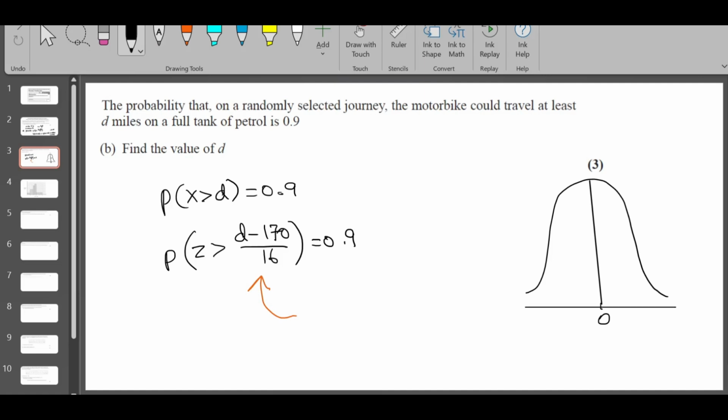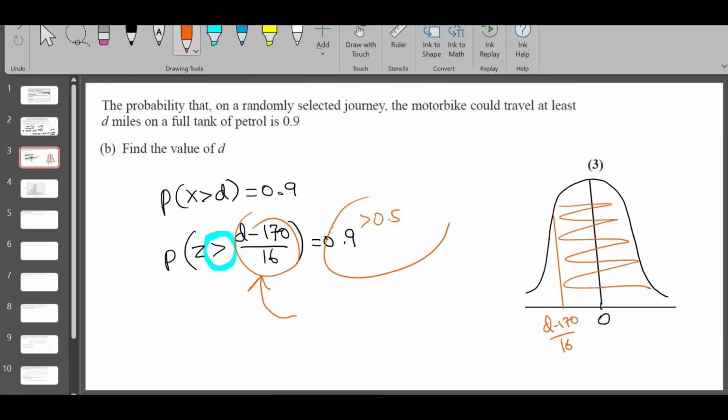When they say Z is greater than, they are talking about the area on the right hand side of the point, and the area is bigger than 0.5. So definitely the point cannot be here, because then the right hand side area would not be bigger than 0.5. So d minus 170 over 16 should be here, so that the area on the right hand side is bigger than 0.5.